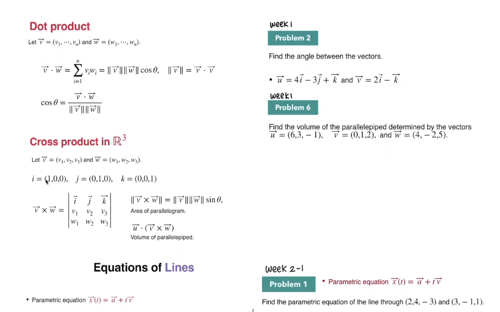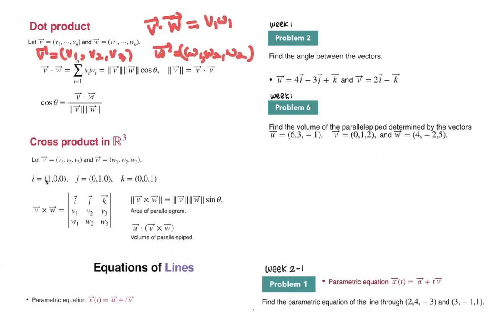So if it is just the vector on R3, v is given by v1, v2, v3, and w is given by w1, w2, w3, then we can calculate the inner product. The product is given by v1 w1 plus v2 w2 plus v3 w3, like this.